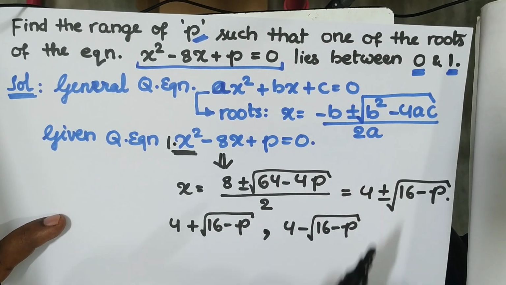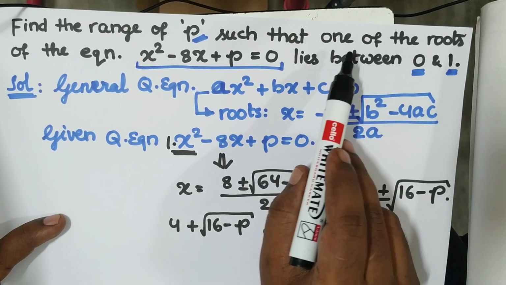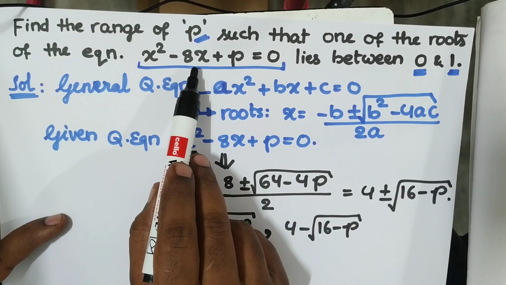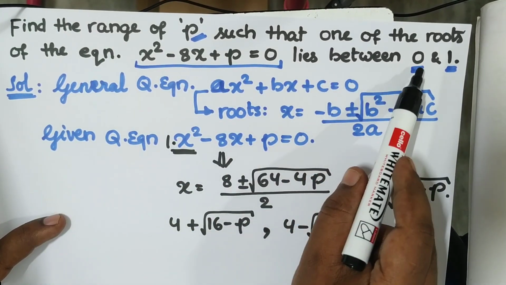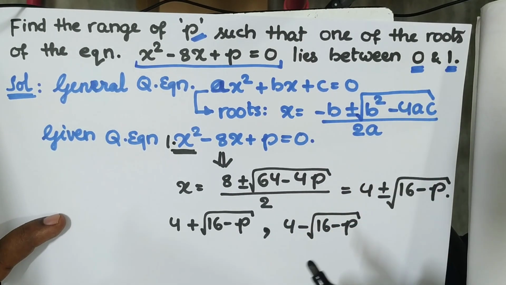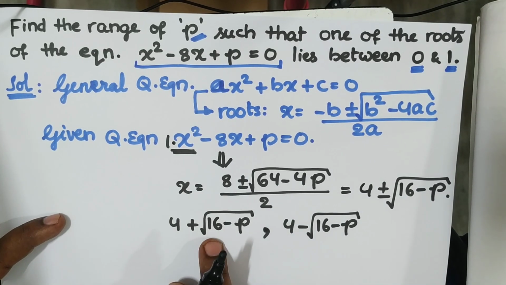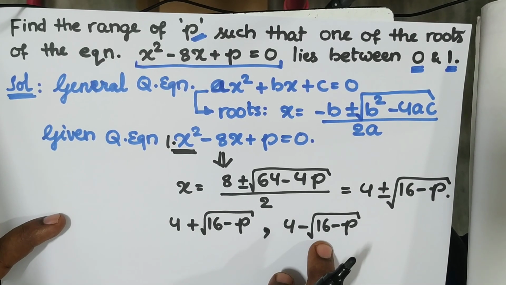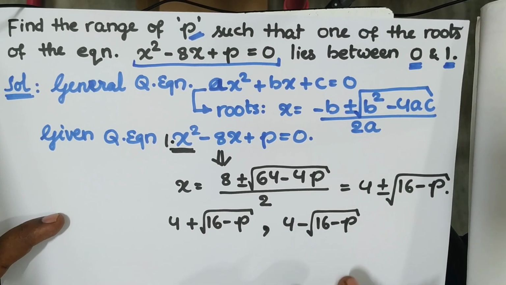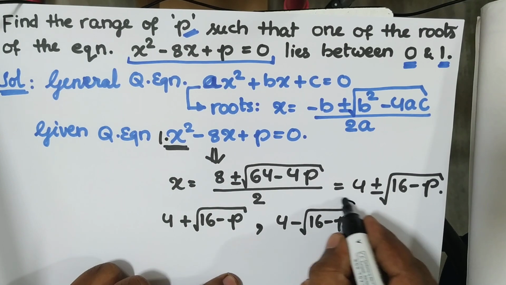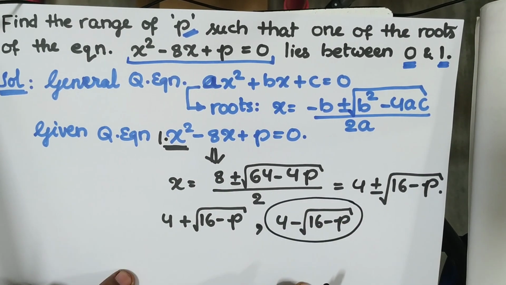Now in the question he is saying that one of the roots of this equation must lie between 0 and 1. Which one out of these two will we have to choose? Either this or this must lie between 0 and 1. There is a great probability of choosing this root, why?